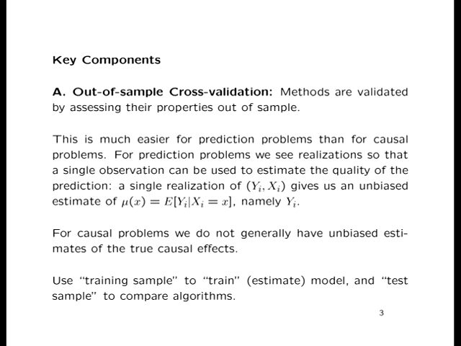But I want to stress three key components in these first 2 hours of these lectures. One is that there's a big emphasis on out-of-sample cross-validation. So rather than figuring out the theoretical properties of these methods the way we typically do, and the way they've been well established for things like maximum likelihood estimation or GMM estimation, people assess the properties by looking out of sample. Typically that takes the form of cross-validation exercises where the data is split into a training sample and a test sample.